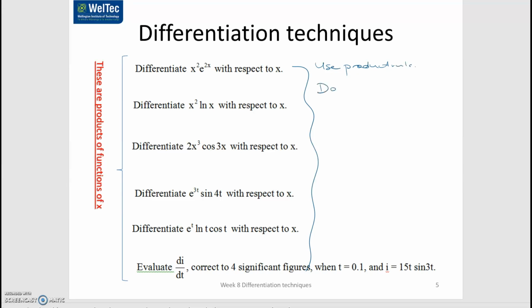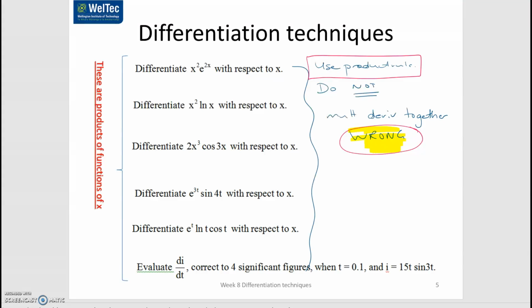Do not, and this is what students do all the time, just multiply the derivatives together. That's wrong. What we need to do is use the product rule.